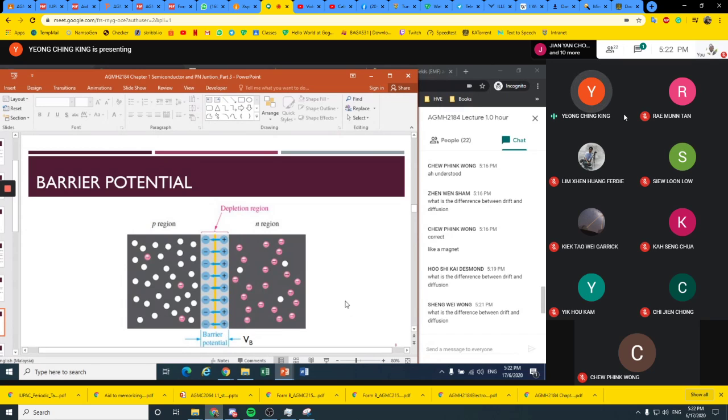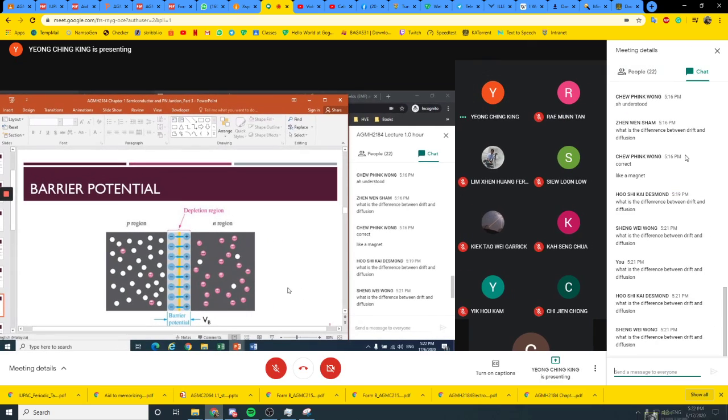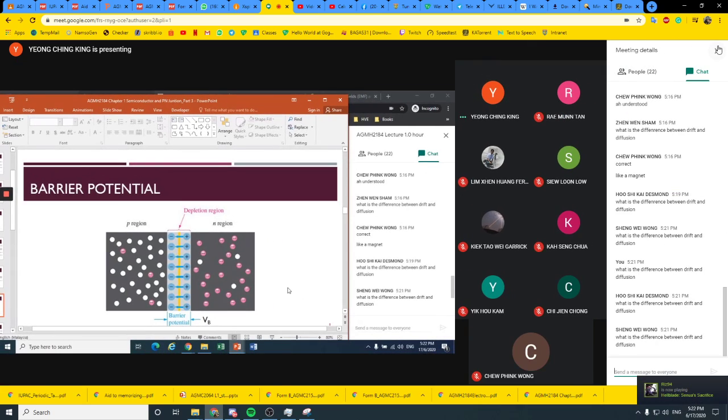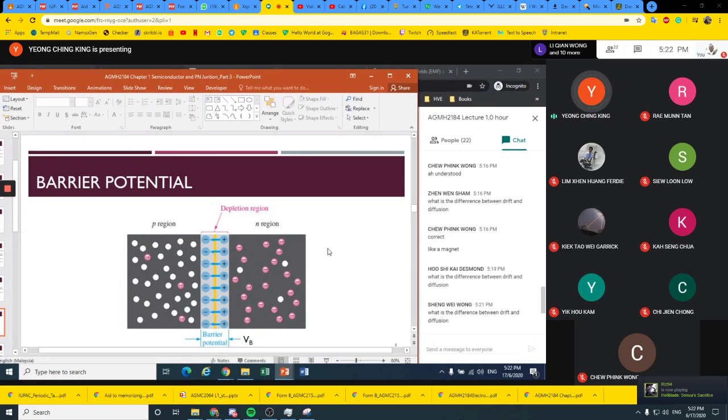The barrier potential for the silicon diode and the germanium diode is already fixed. For a silicon diode, normally it is 0.7 volts, and for a germanium diode it is about 0.3 volts.